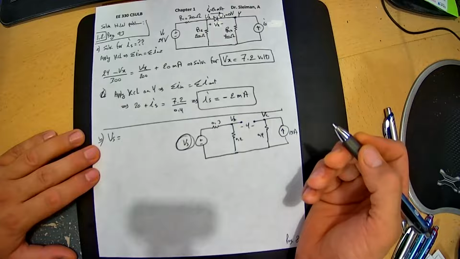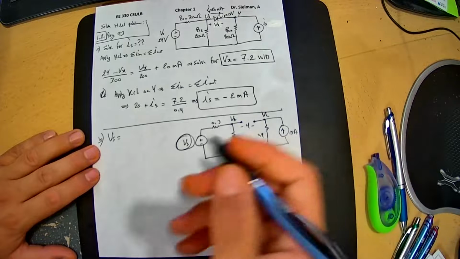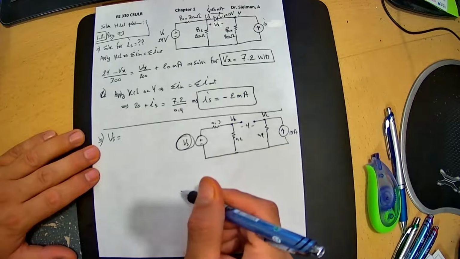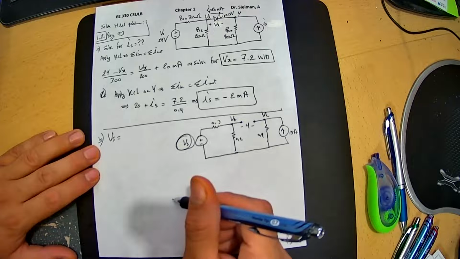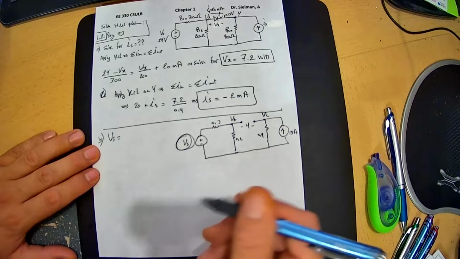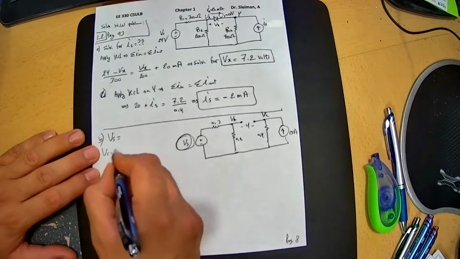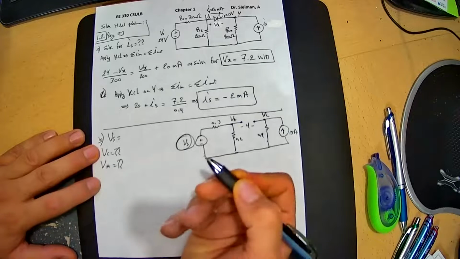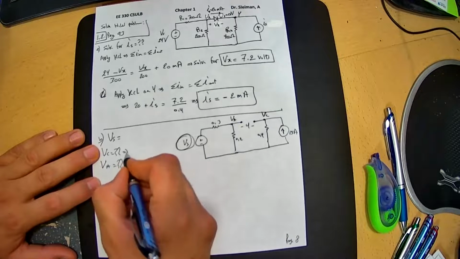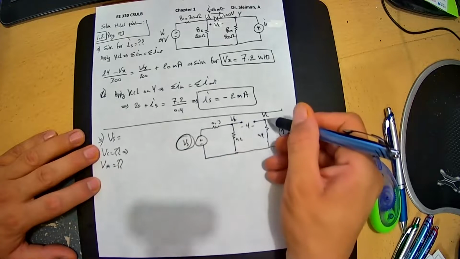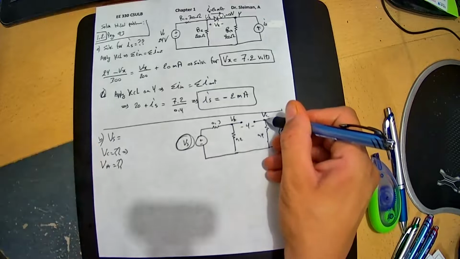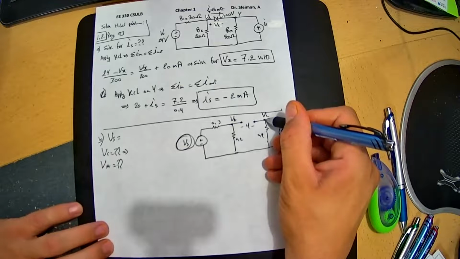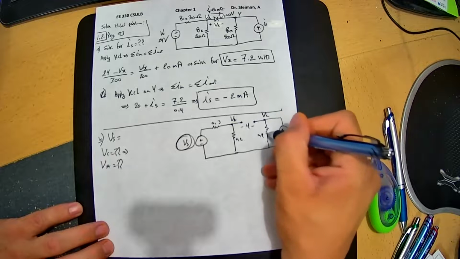First of all, I need to calculate V of C, and I need to calculate V of A. V of C is the current running through multiplied with the resistor.